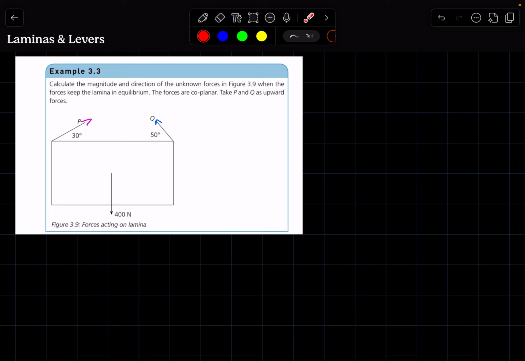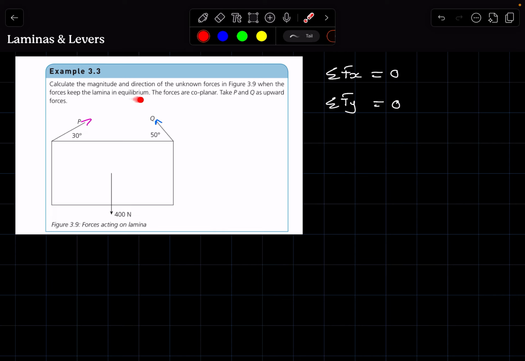Now we've been told here that the forces acting on this lamina are keeping the lamina in equilibrium. Hence, in applying conditions of equilibrium, the sum of forces in the x direction must be equal to zero, and the sum of forces in the y direction also equal to zero, in calculating forces P and Q. How do we know this?